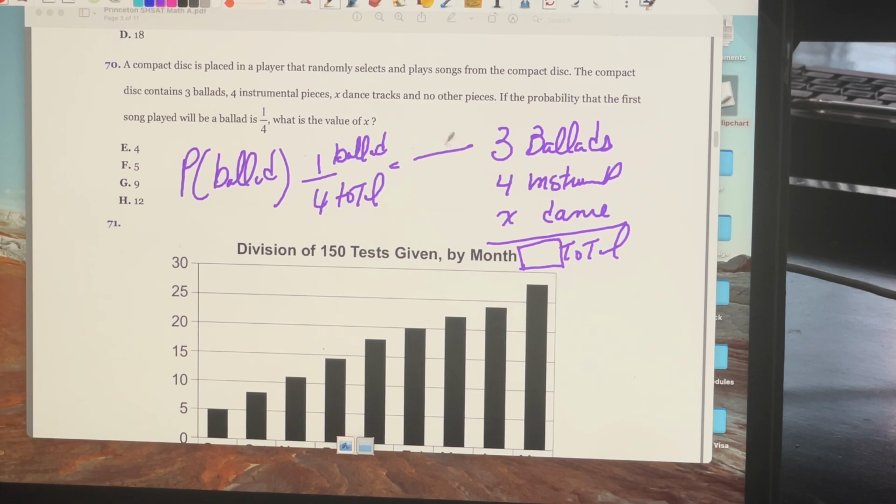Now, if you set up a proportion and you label everything, on the top, what happens when there are 3 ballad songs? What is the total? Well, what's the relationship here? We multiply the top times 3 and you multiply the bottom by 3 and therefore we get 12. So 70 is 12.